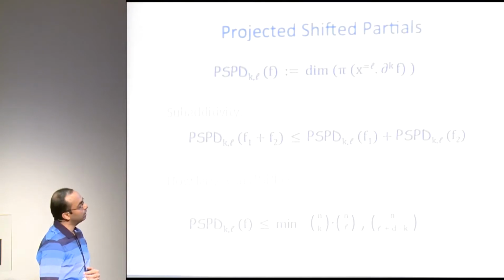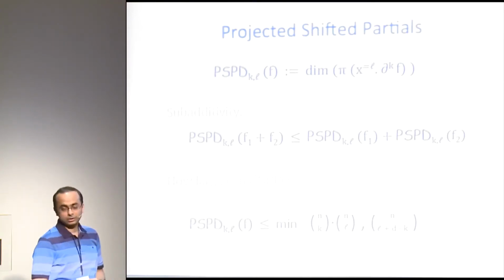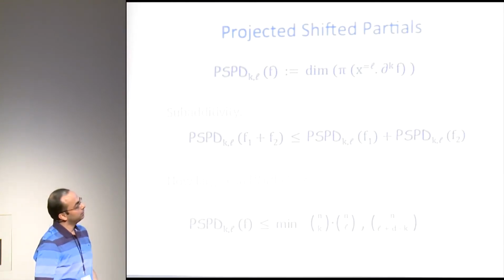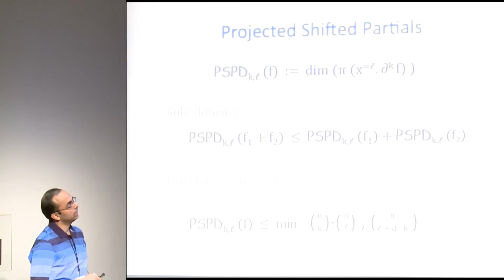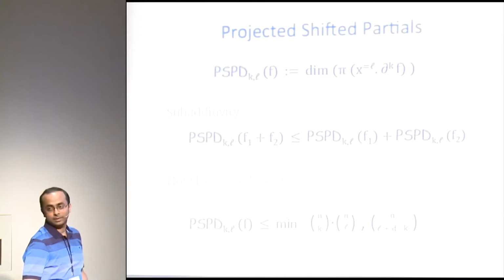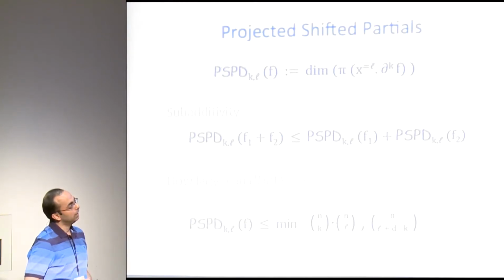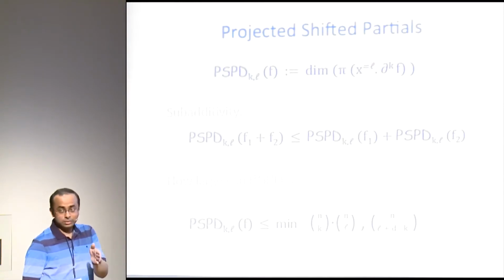But let's see how large the projected shifted partial derivative measure can be. It's a very naive quantity. Let's look at how many polynomials there are in this set. The number of multilinear shifts is n choose L, and the number of derivatives, because they are multilinear derivatives, is n choose k. So you have these many polynomials in the whole set. And every polynomial has degree at most L plus d minus k, because we are restricting only to multilinear monomials.